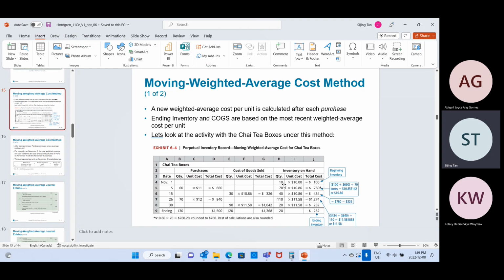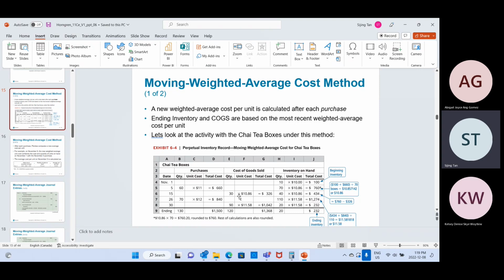We divide by 70 boxes, right, from 60 boxes purchased and 10 boxes left in our beginning inventory. So dividing by 70, our weighted average will be $10.86 per box. So that is our average cost per box, $10.86. Okay, so this is the number we're going to use if we sell after November the 5th. So November 15th.